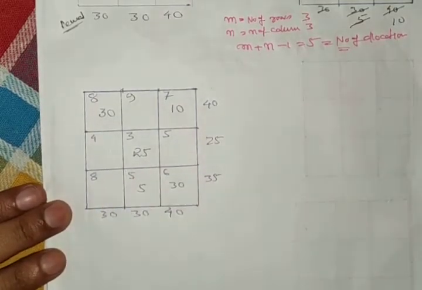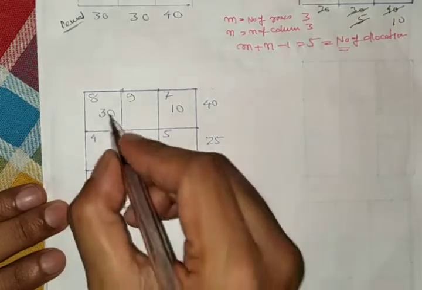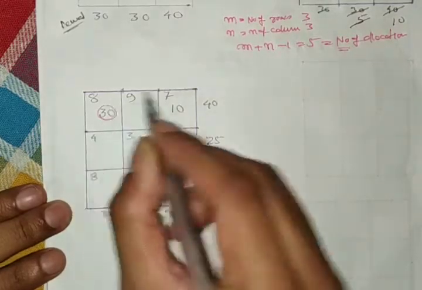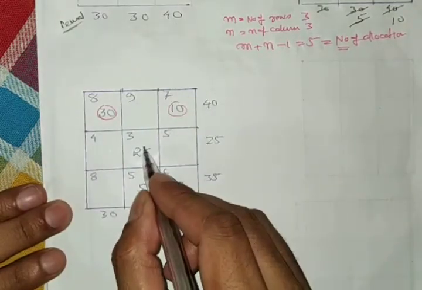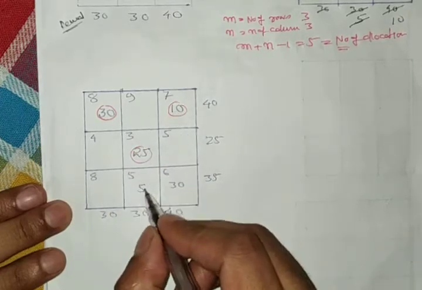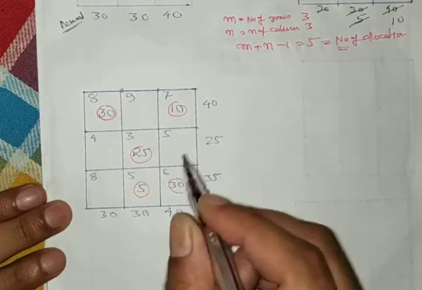So this is the initial basic feasible solution. We already allocated 30, 10, 25, 5 and 30.